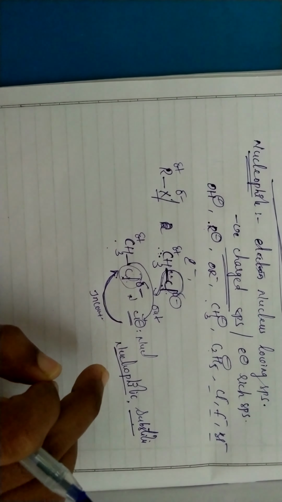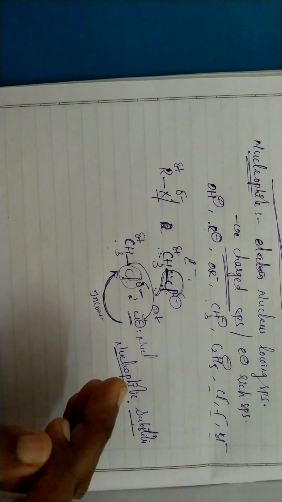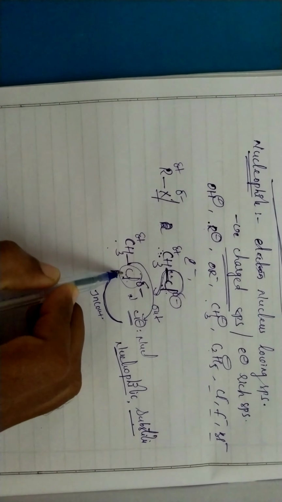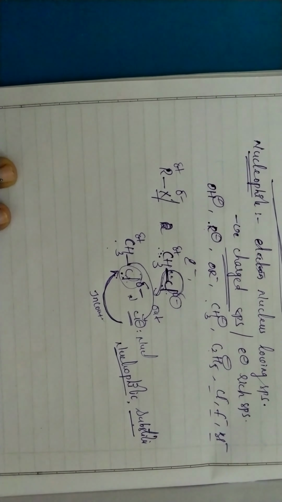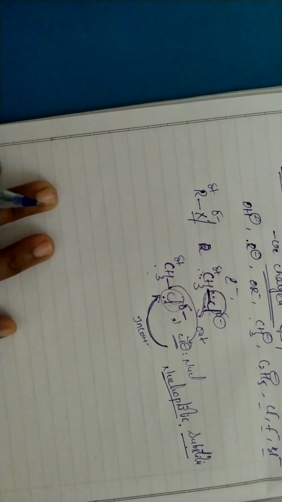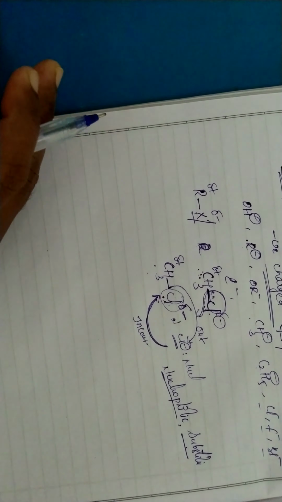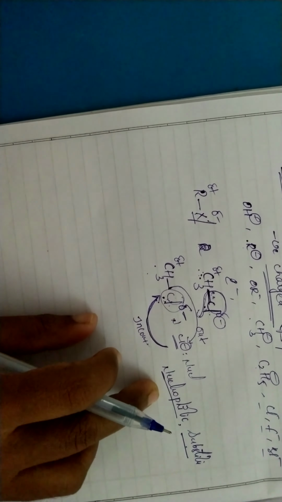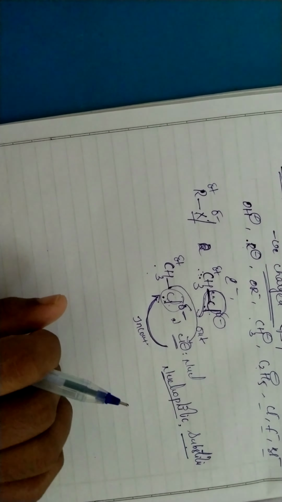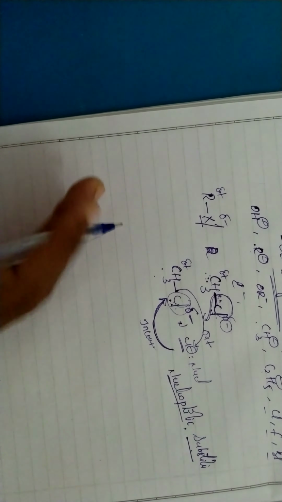Nucleophilic substitution, because one nucleophile is substituted by another nucleophile. If an electrophile is going out and another electrophile is coming in, those reactions are called electrophilic substitution. But here a nucleophile is the substituted group, so these reactions are called nucleophilic substitution reactions.